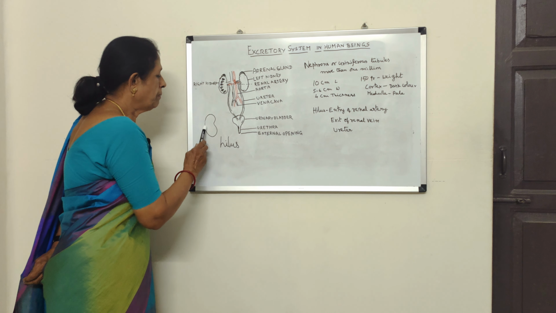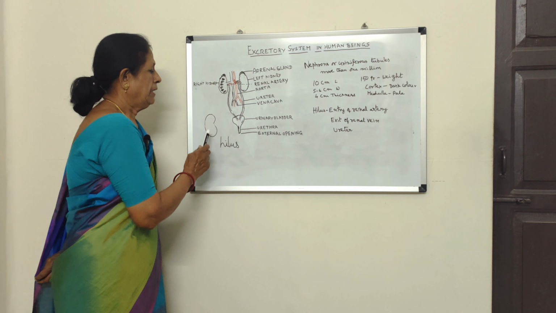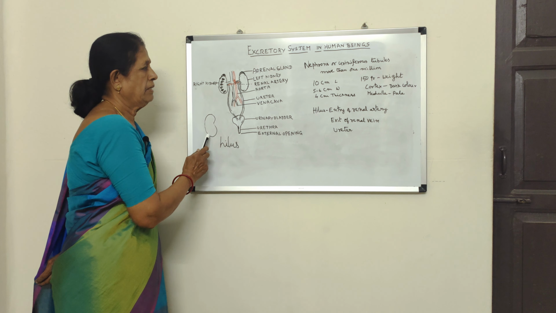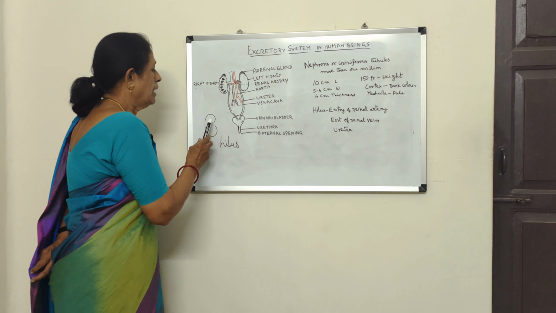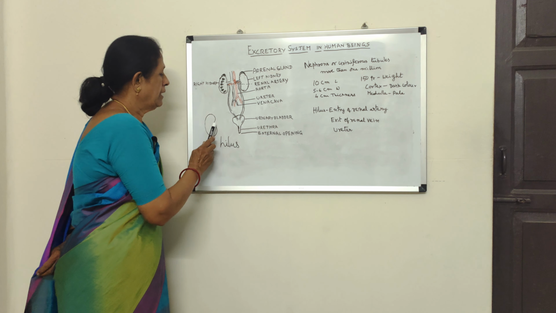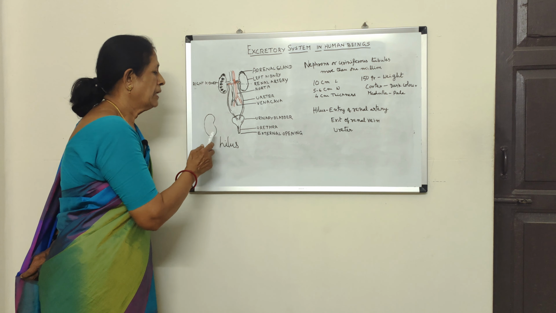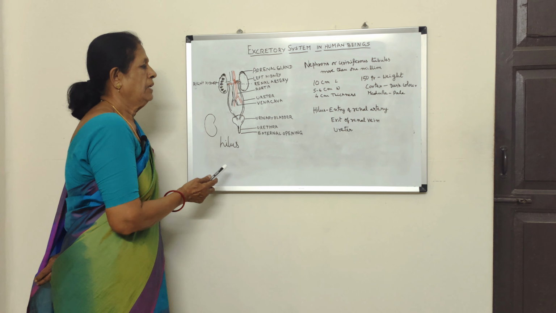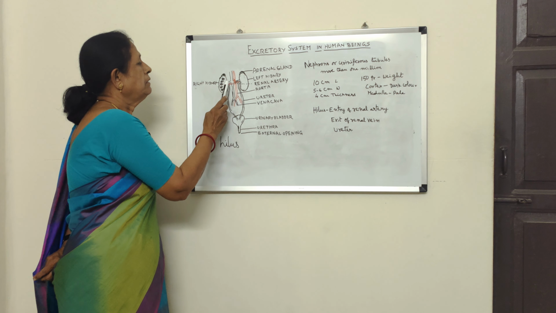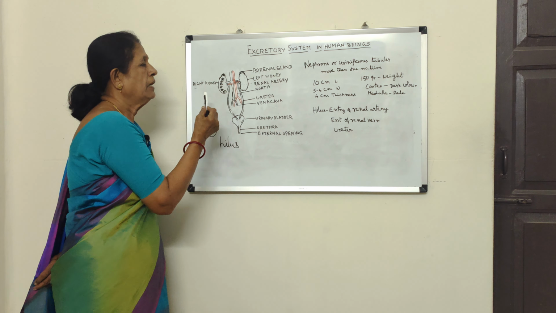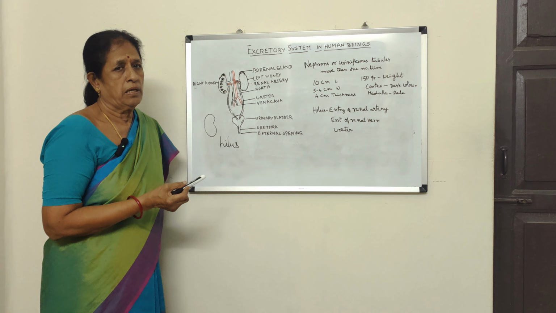It is the shape of a bean seed, convex on the outer side and concave on the inner side. The outer side is darker and the inner side is pale. The medulla is pale in color and the cortex is dark. The right kidney is a little bit lower than the left kidney to accommodate the liver on the right side.